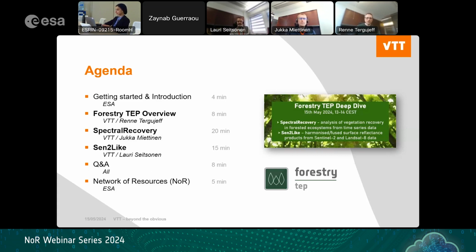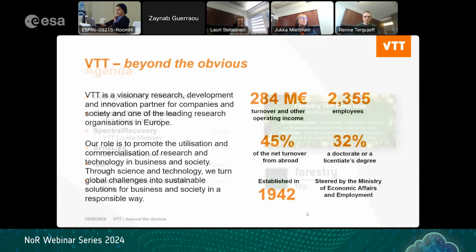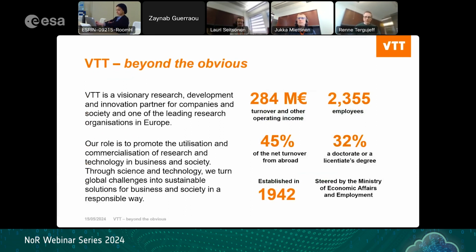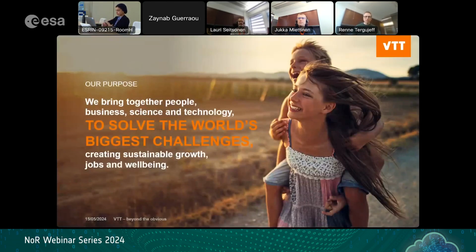Right, thank you. So I will give first a brief overview of the platform, and then we will dive into these two specific tools. VTT is a big research organization in Finland, and our role is to combine businesses, companies with science and technology to solve the world's biggest challenges.